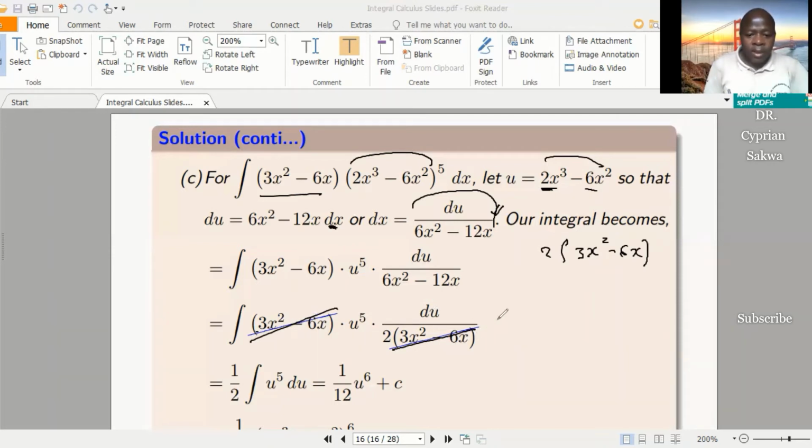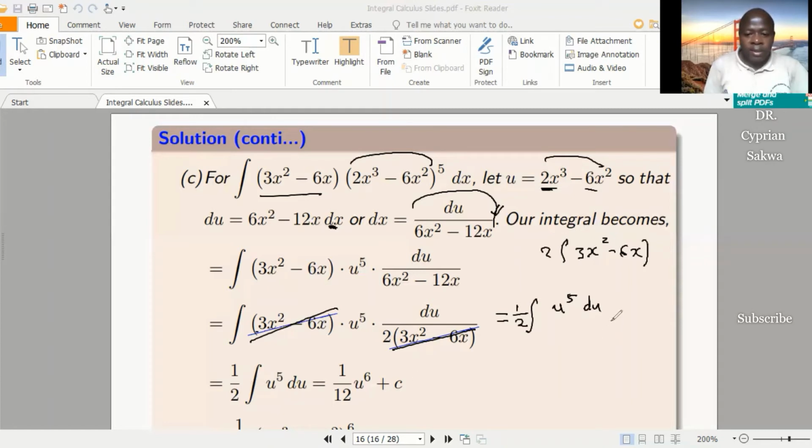So what am I left with? I'm left with the integral of u raised to 5 du, and this constant can be taken outside the bracket, and this is what I have.